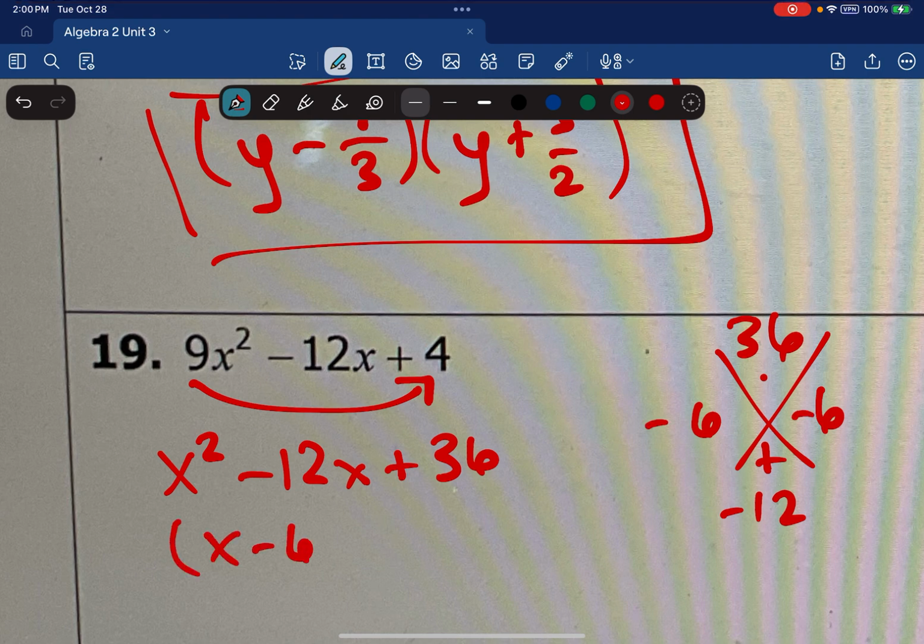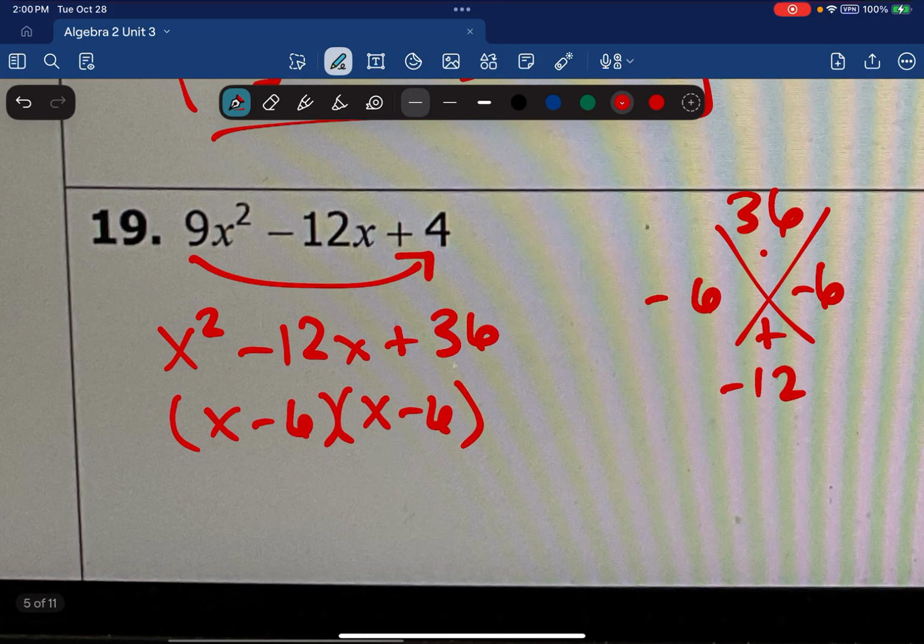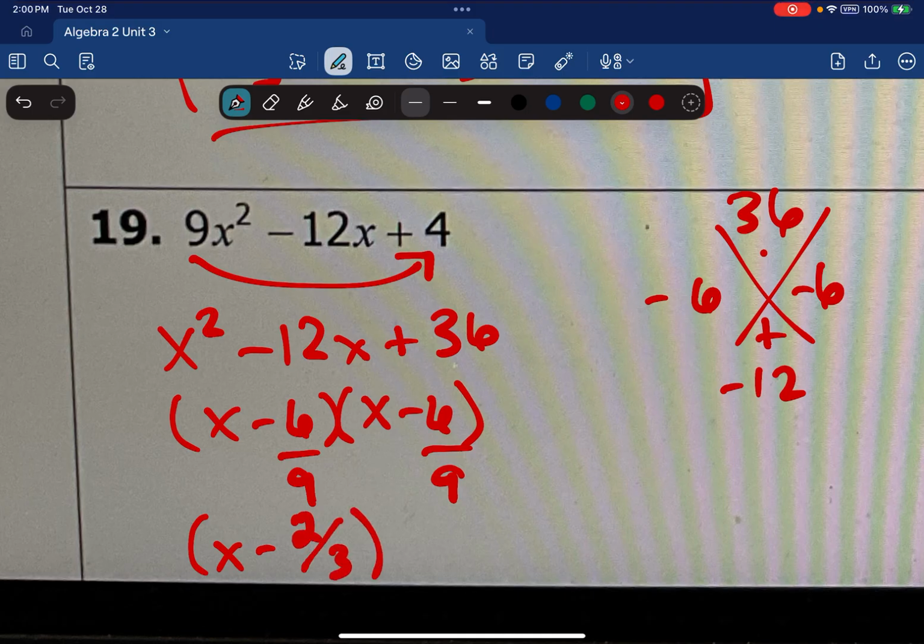X minus 6 times x minus 6. Don't forget we slide, now we divide both of them by 9. So these would simplify into 2/3. Both of them, so we can call it x minus 2/3 squared.